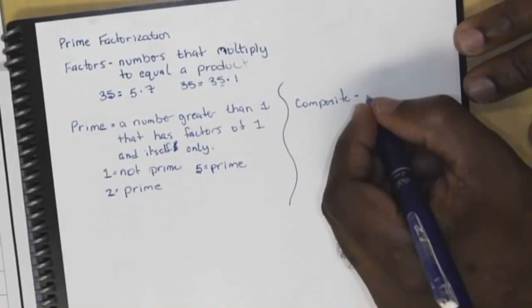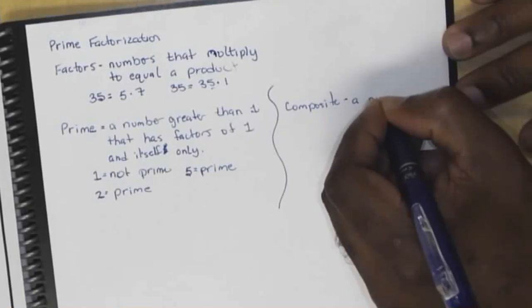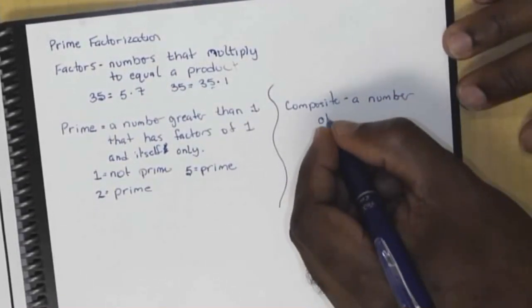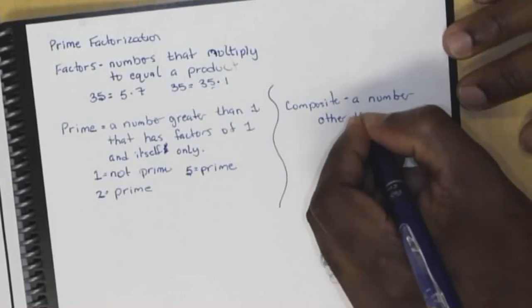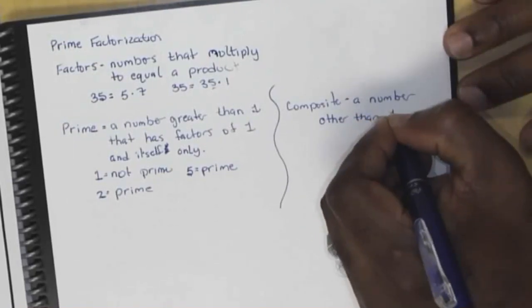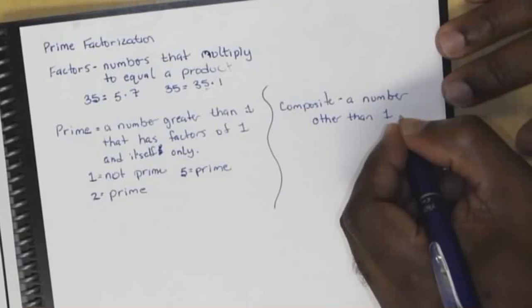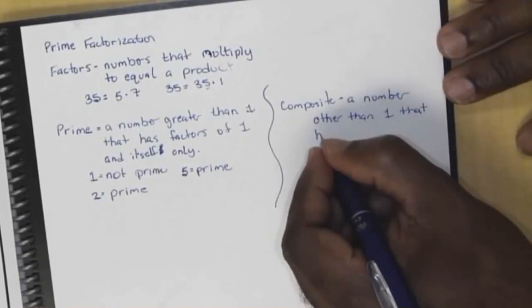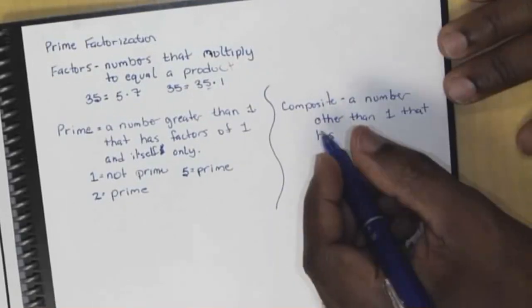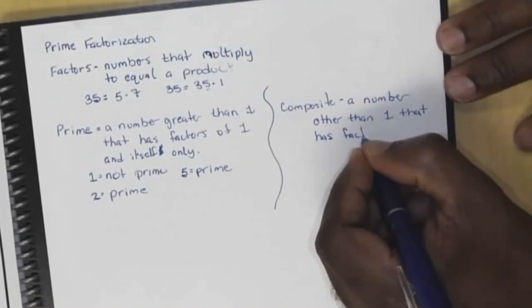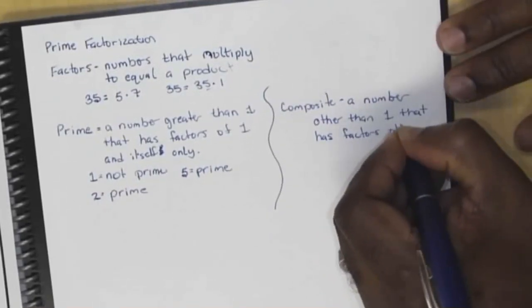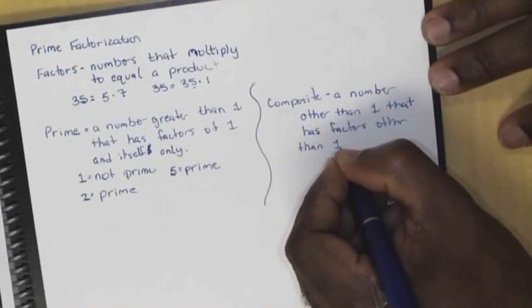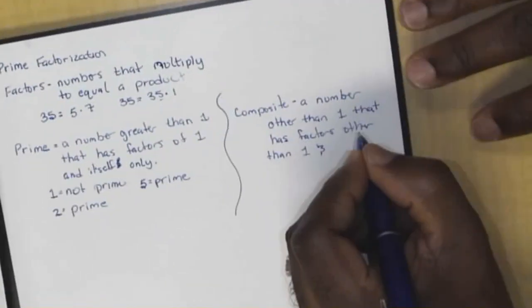This is a number other than 1 that has factors other than 1 and itself.